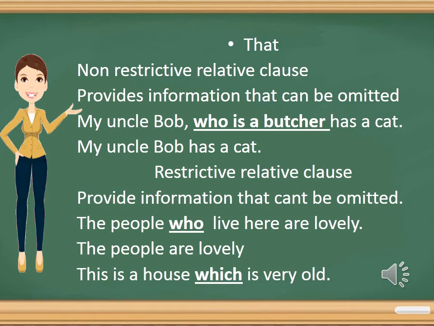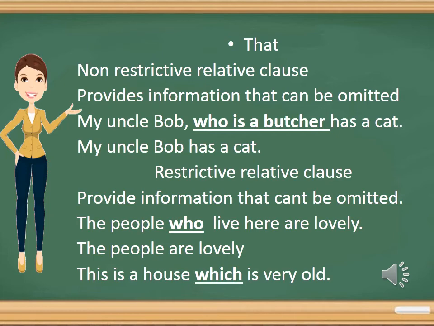To understand about the usage of that, we first need to understand, children, the meaning of non-restrictive relative clause and restrictive relative clause. Non-restrictive relative clause provides information that can be omitted. Look at the sentence.